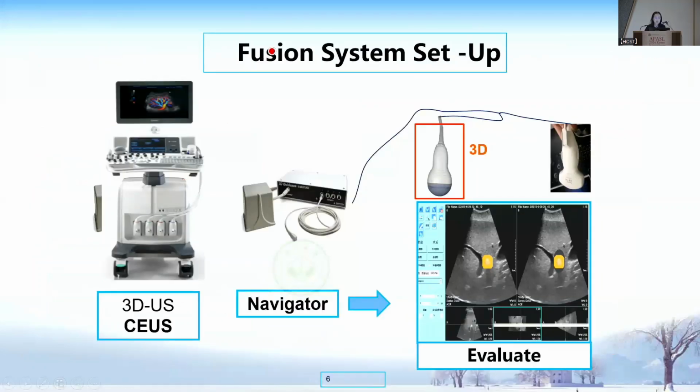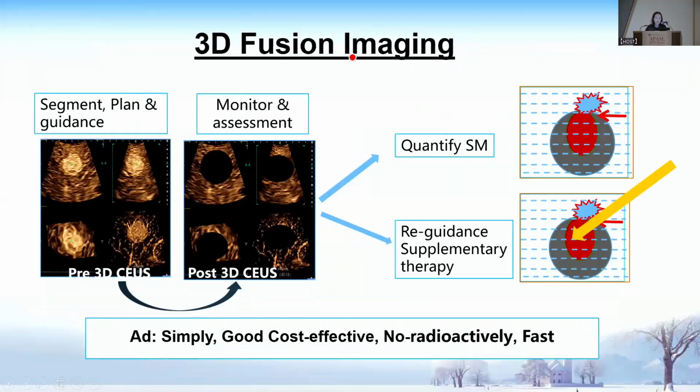We set up a fusion system using ultrasound, a navigation system, and an evaluation system. We can get the 3D image to do tumor segmentation and planning, and then guidance, and then we can use the 3D fusion to monitor the ablation and assess the ablation effects.